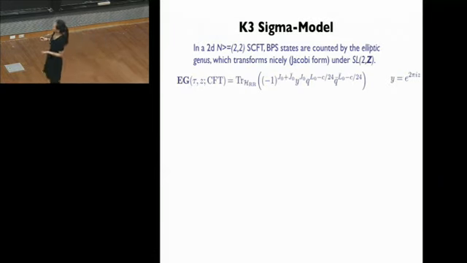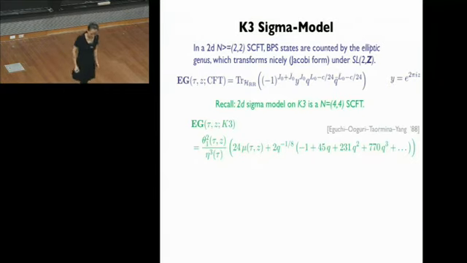The BPS states are counted by the so-called elliptic genus, which is a kind of generalization of the Witten index that transforms nicely under SL(2,Z) by the worldsheet argument I just gave you earlier. This is defined in this way, where H_RR denotes the Ramond-Hilbert space, and y and q, you can think of for the moment as formal parameters keeping track of the Virasoro as well as the U(1) current quantum numbers.